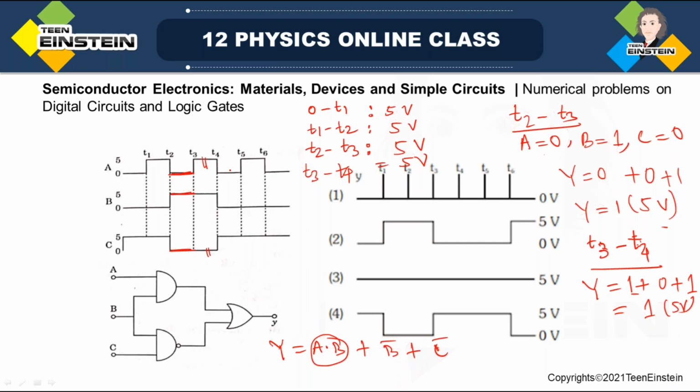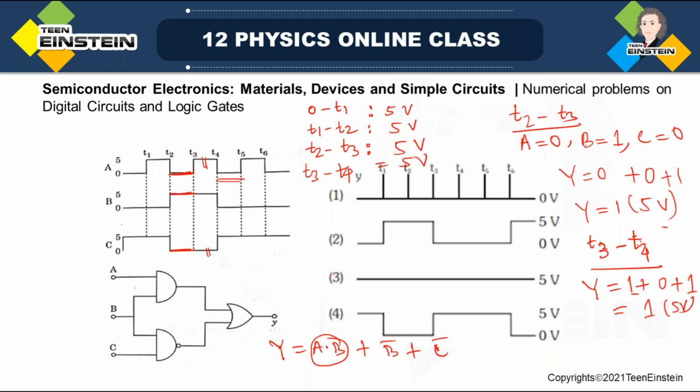Similarly, if we see for T4, T5 and T5, T6 also, that will give you high level. I have already seen. You can just clarify that by yourself whether you are getting it or not. For T4, T5, or T5, T6 and beyond, you will get high only.